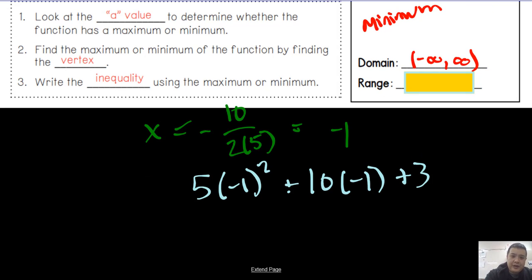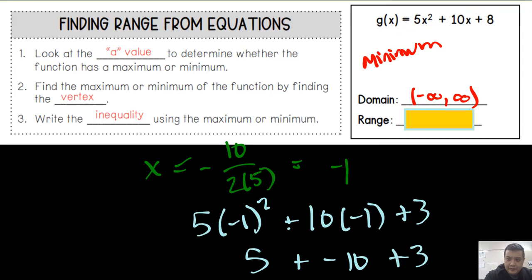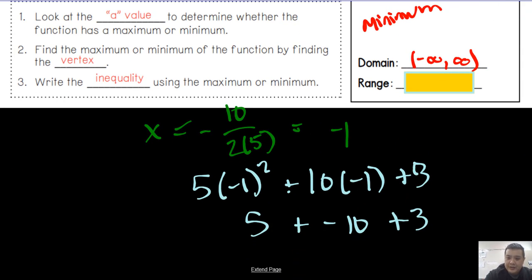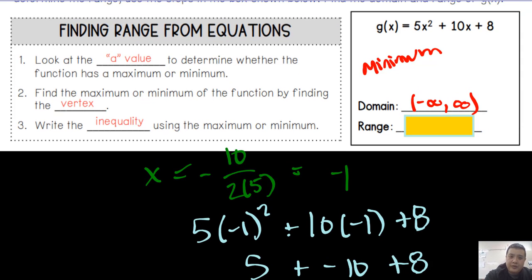We do that, we find that this is 5 plus -10 plus 3, which gets us, plus 8, excuse me, plus 8, which gets us a total value of 3. So we have a minimum of 3, so therefore it's going to go from 3 to infinity, including 3.